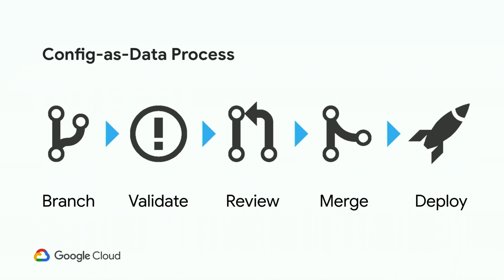Once you adopt that approach, the state that you're trying to declare becomes that configuration. It's effectively data, and we store it just like we store code. And because we're using something like Git, you can use typical software development workflows to manage your configuration and your environments. So the process of deploying a new config in production follows the same software development process that you're already familiar with.